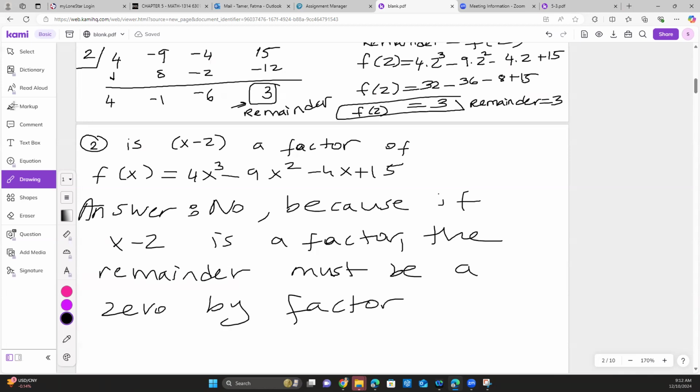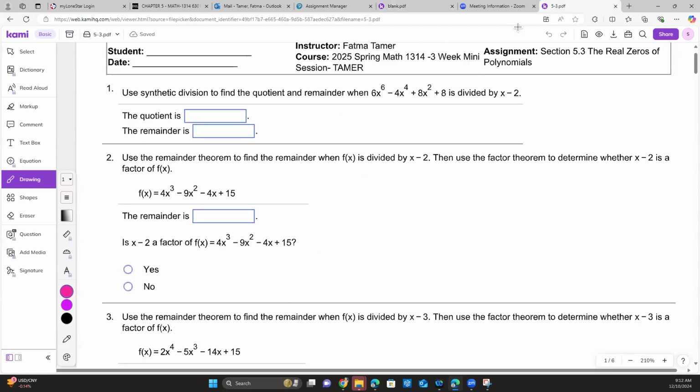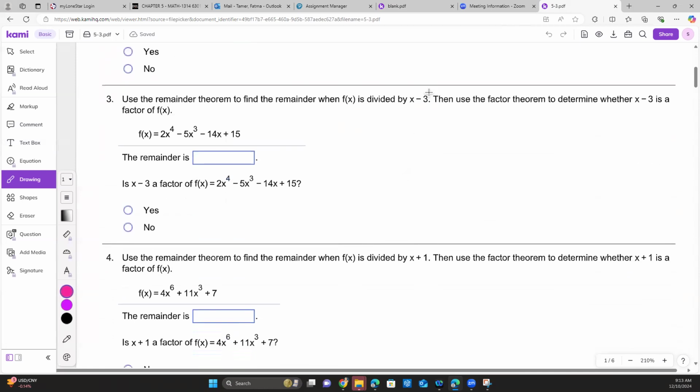If your remainder is any number different than 0, it will not be a factor. But if you get a remainder of 0, you will say yes, x minus 2 is a factor. But in this case, we're going to put no for this question, because the remainder was 3. It wasn't 0. Very similar question for number 3.